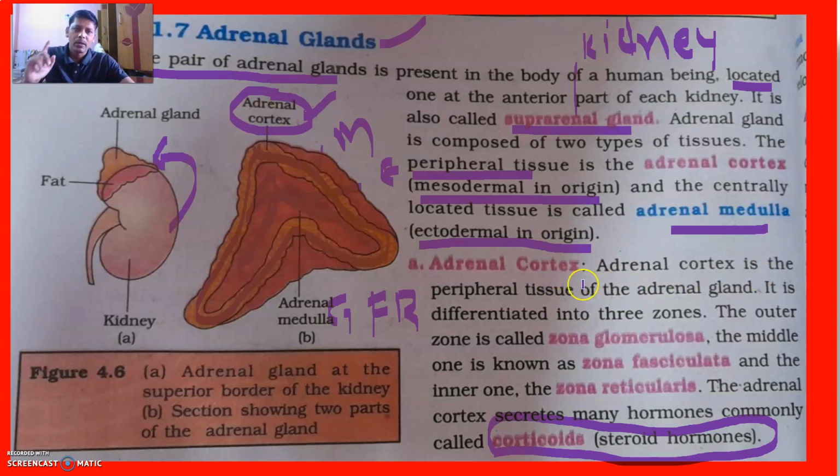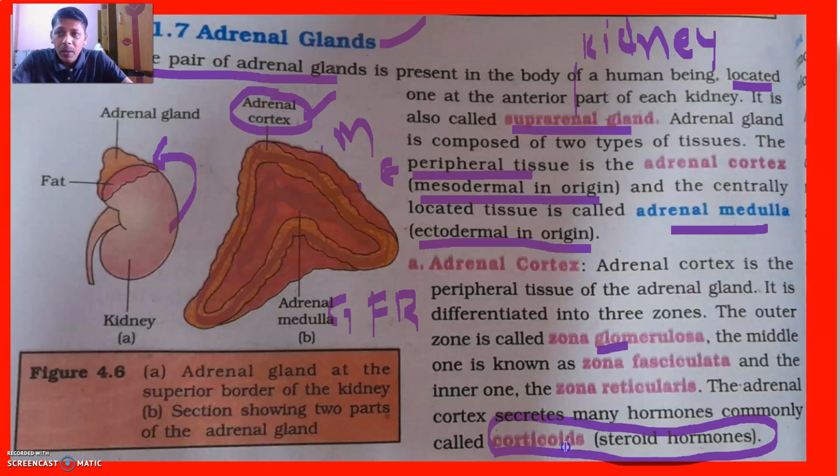Now let us talk about the adrenal cortex. The adrenal cortex is the peripheral tissue, differentiated into three regions. What are the GFR? I told you: glomerulosa, fasciculata, and reticularis. The outer zone is glomerulosa, the middle one is zona fasciculata, and the inner one is reticularis.